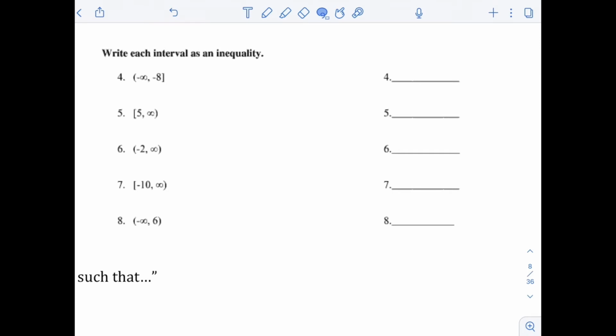So this interval starts from negative infinity. That means the variable is less than. The other boundary is a bracket. That means it's going to be less than or equal to -8.